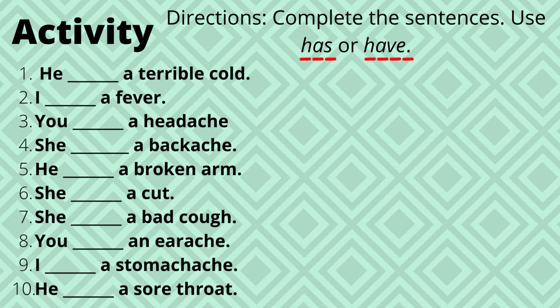When you finish writing the answer to all 10 sentences, go ahead and hit play and you can hear the correct answers. Go ahead and pause your video now. All right, let's look at the correct answers.